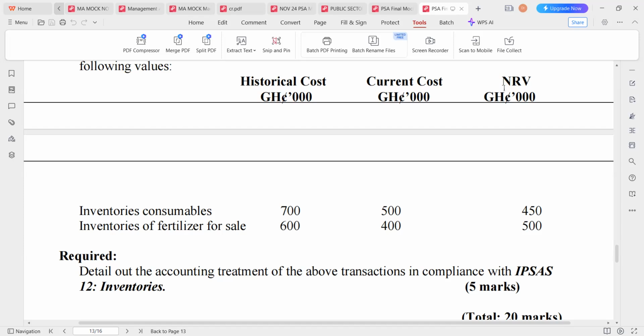Sir, please, you take the current cost for inventory consumable. Sir, please, what did you say?